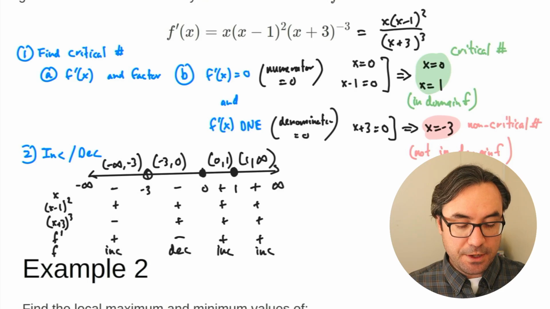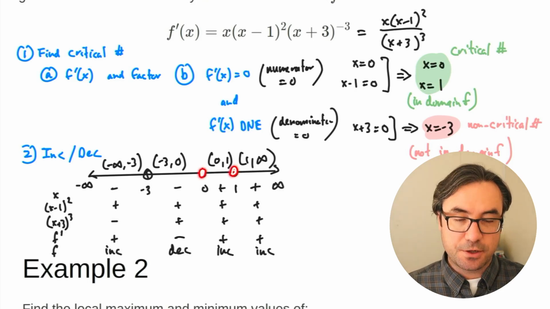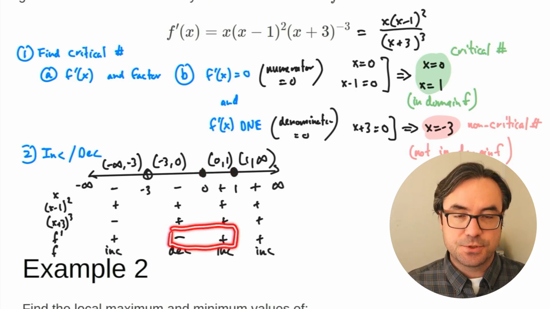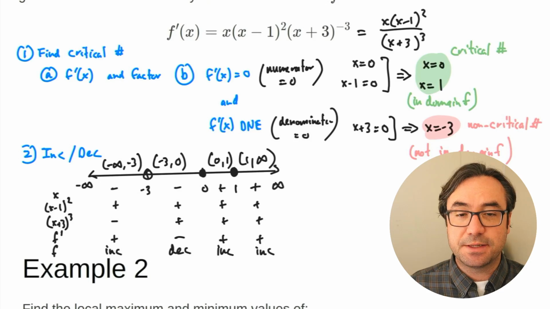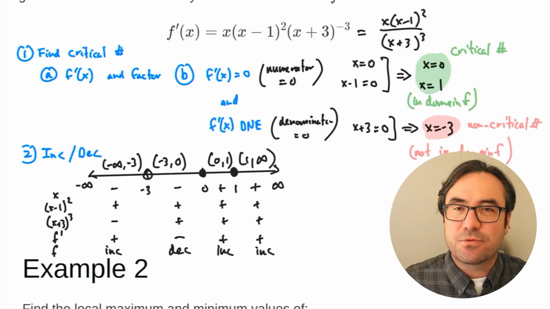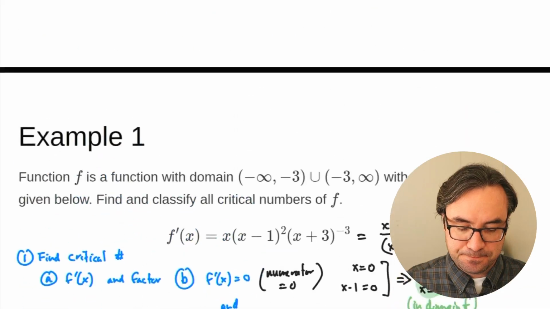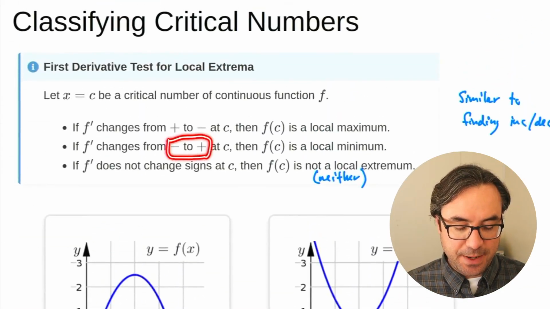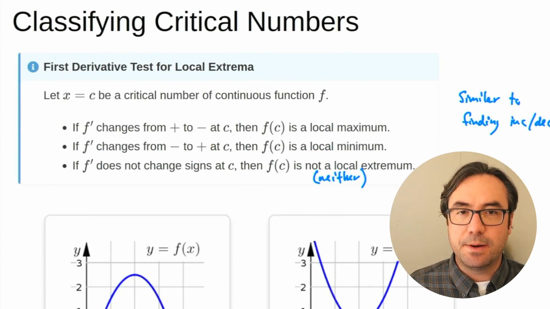So what we want to do is classify our two critical numbers. And we could look at the sign change. So f prime is going from negative to positive. But a way to remember that first derivative test, let's just go back to what it says. When we have this sign change from negative to positive, it means we have a local minimum.